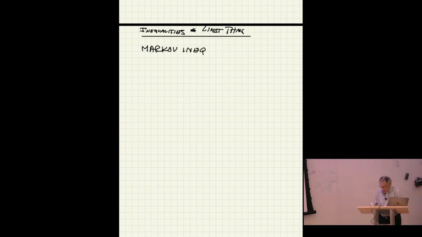And what I'm trying to do with these inequalities is to bound the tail of a density function. What's the probability that beyond a certain point, the probability is no more than so much? And now for a non-negative random variable, I'll give you the expression for the Markov inequality of that question.